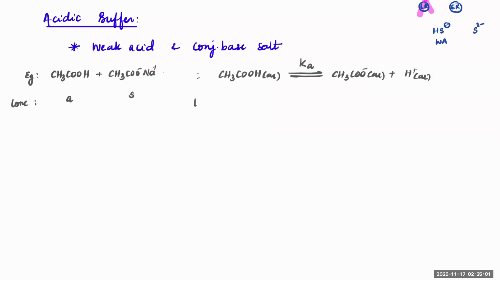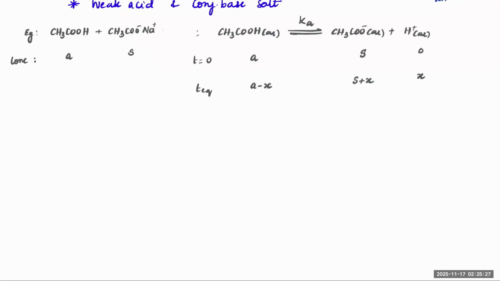But notice one thing: while it is ionizing, there is already a salt present, because this is the salt ion concentration. So now at equilibrium, assume that some small amount X of acid is dissociated, to get S plus X and X. From here I can write Ka equal to the concentration of CH3COO minus multiplied by H plus concentration, divided by CH3COOH.